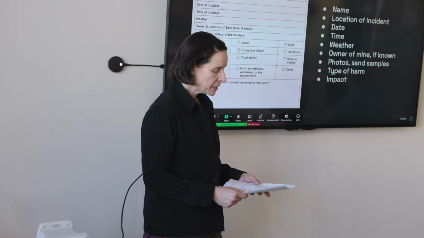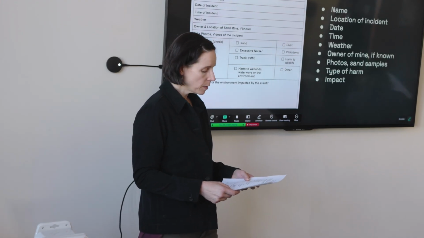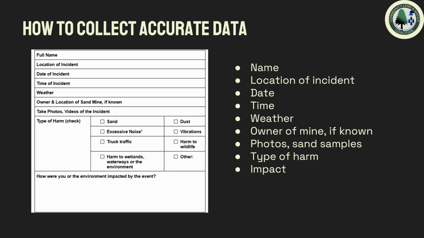Basically, when you record a sand event, record your full name, the location of the incident, the date of the incident, the time of the incident, the weather. If you know where the truck traffic or the sand is coming from, please note that down, and take any photos or videos of the incident. Then we also want an indication of the type of harm you experienced from the event.